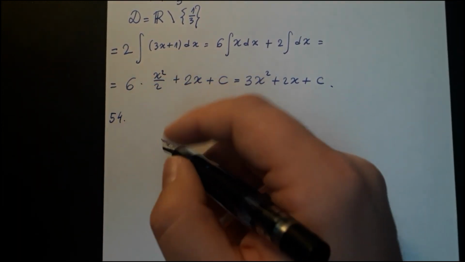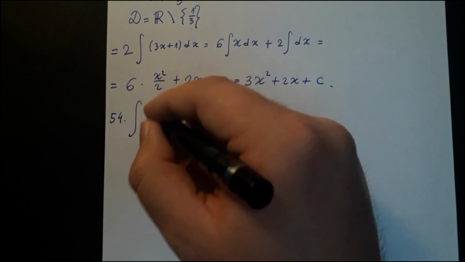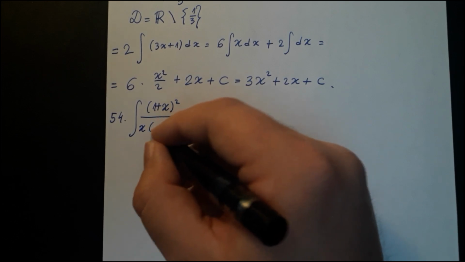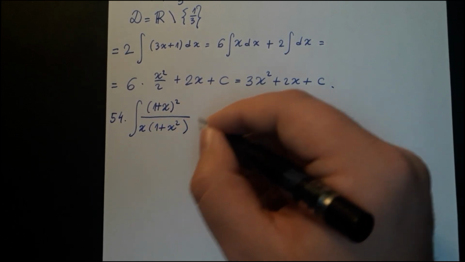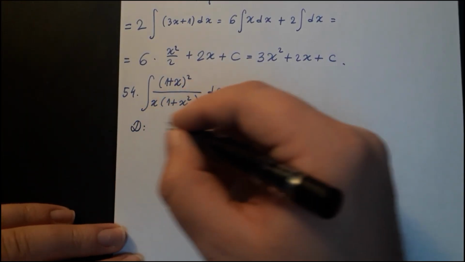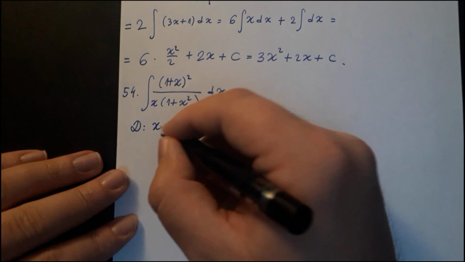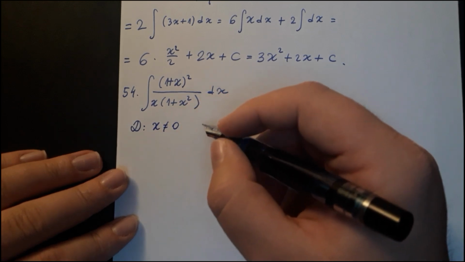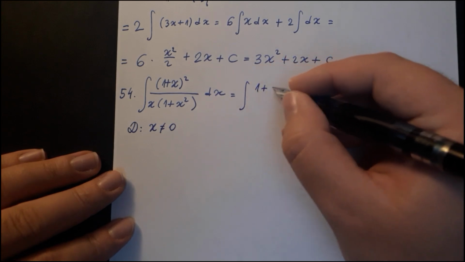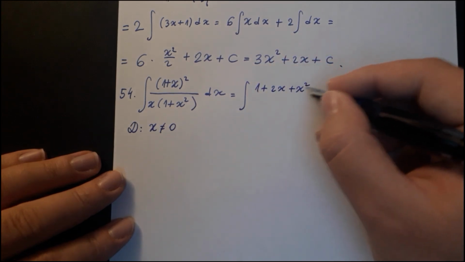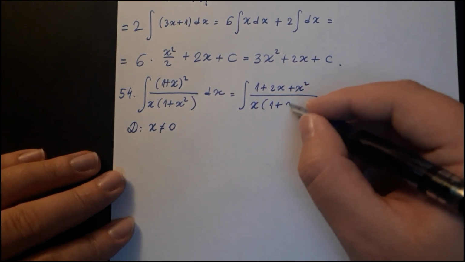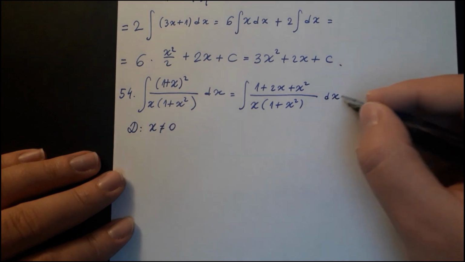Integral number 54 on our list is an integral of 1 plus x squared divided by x times 1 plus x squared dx. So the area in which this integral is defined is for all x's which are different than 0. This integral can be written as an integral of 1 plus 2x plus x squared divided by x times 1 plus x squared dx.